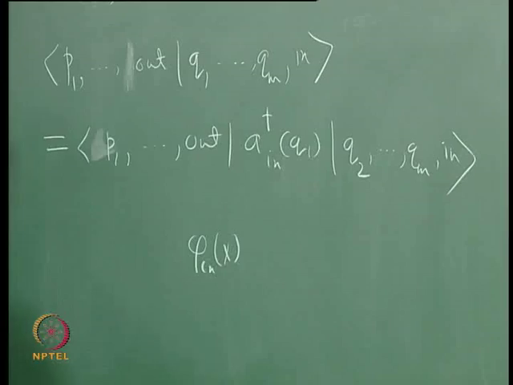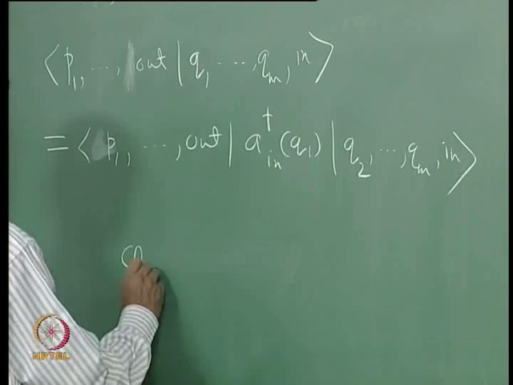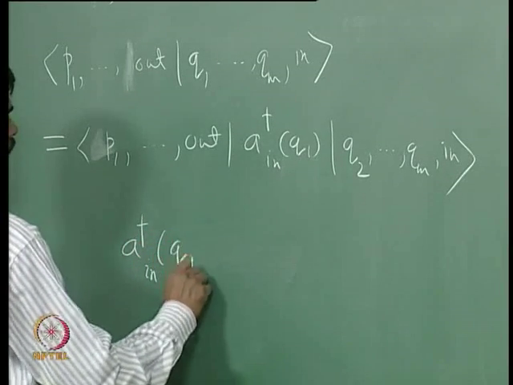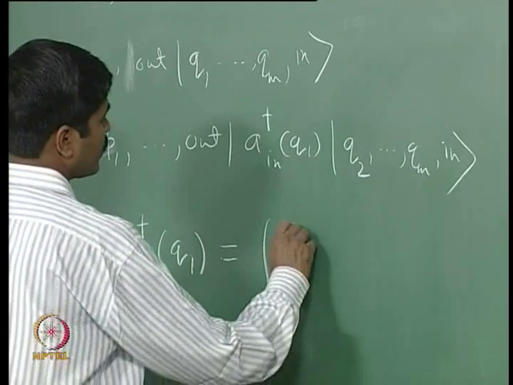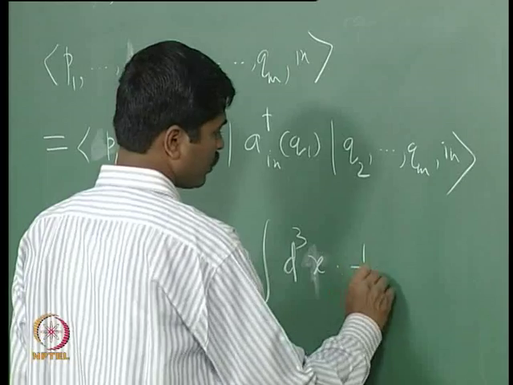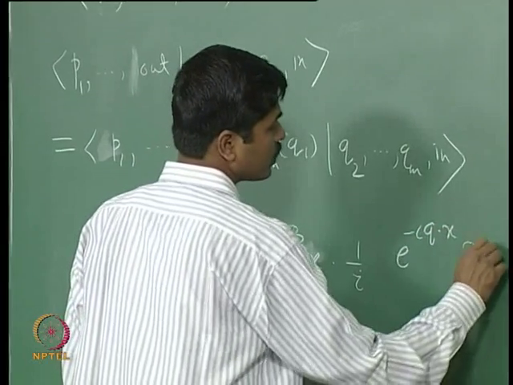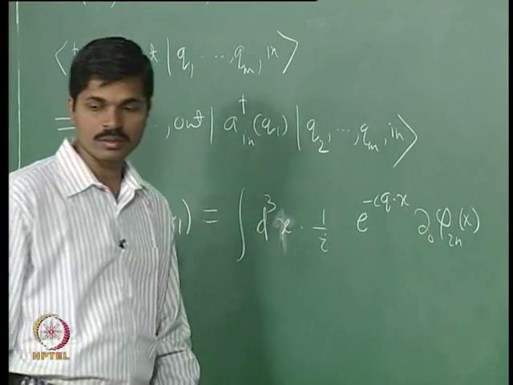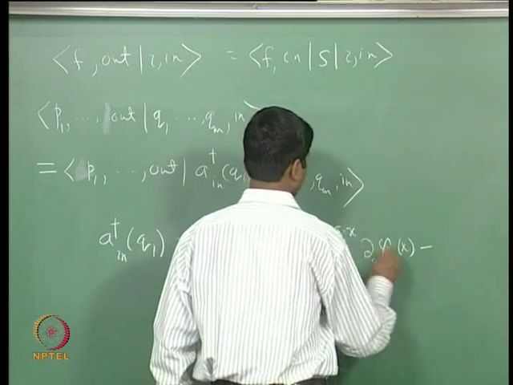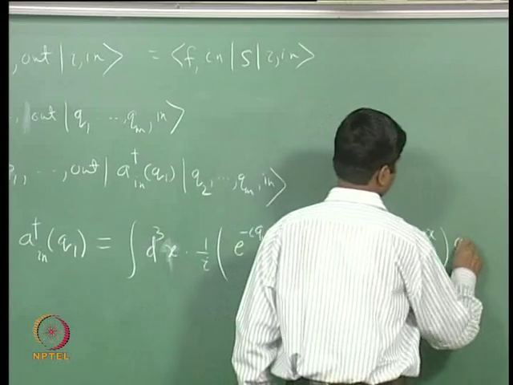If you go back and check your notes, you can see that this quantity, phi A dagger in of q1, is the integration d cube x times 1 over i, e to the power minus i q dot x del 0 phi in of x, minus del 0 of e to the power minus i q1 x, phi in of x.